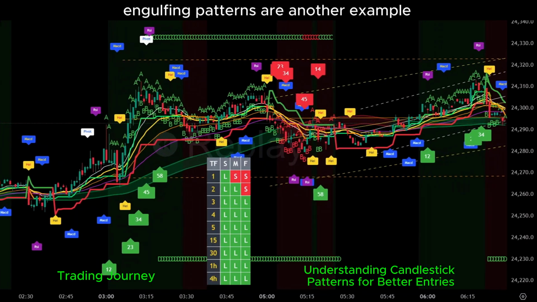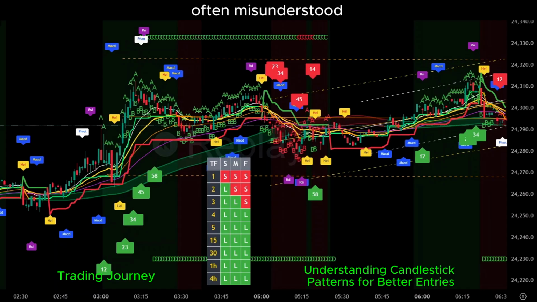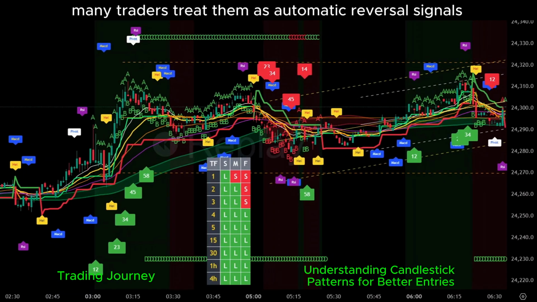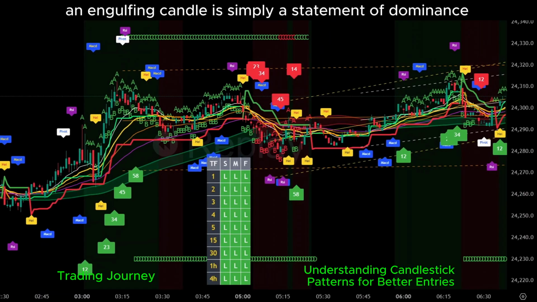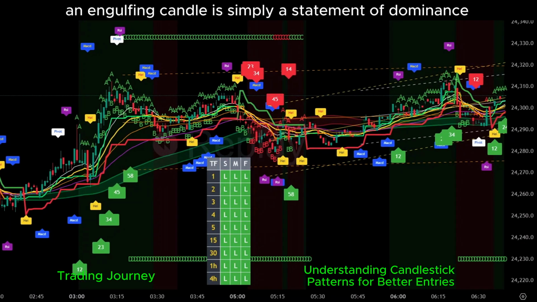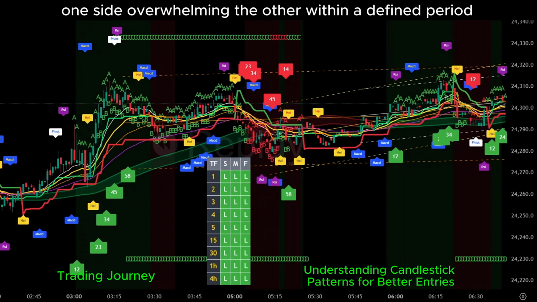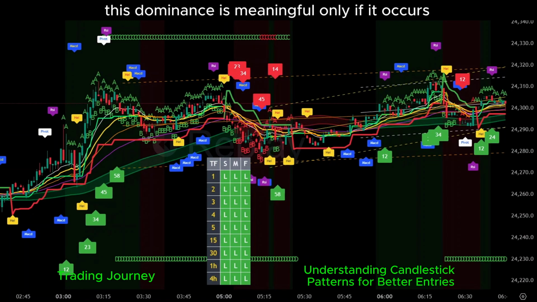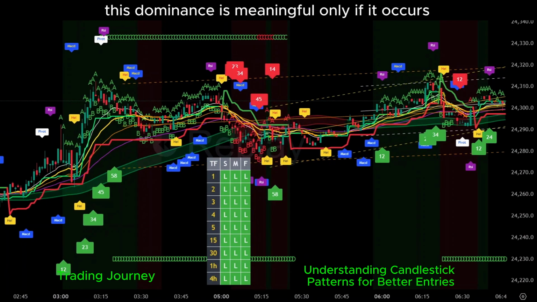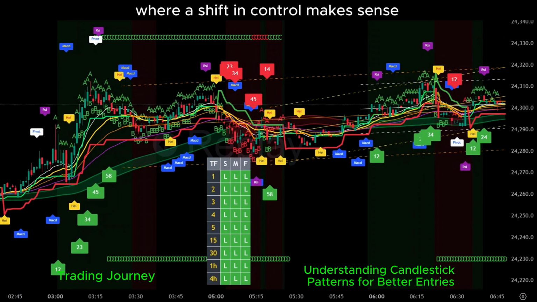Engulfing patterns are another example often misunderstood. Many traders treat them as automatic reversal signals. In reality, an engulfing candle is simply a statement of dominance, one side overwhelming the other within a defined period. This dominance is meaningful only if it occurs where a shift in control makes sense.